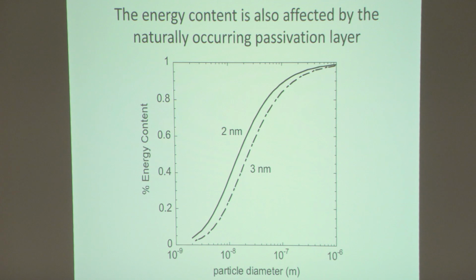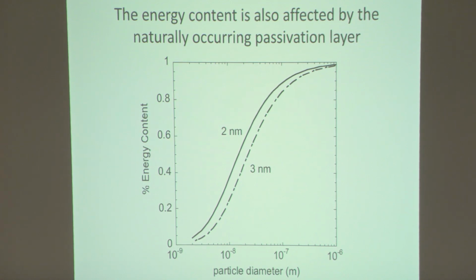So you have a naturally occurring layer, say on a small aluminum nanoparticle, maybe 2 to 3 nanometers. And this plot basically shows, as I decrease the particle diameter, what the remaining energy content is in the particle, because now more and more of the particle is oxide versus the pure aluminum in the core.